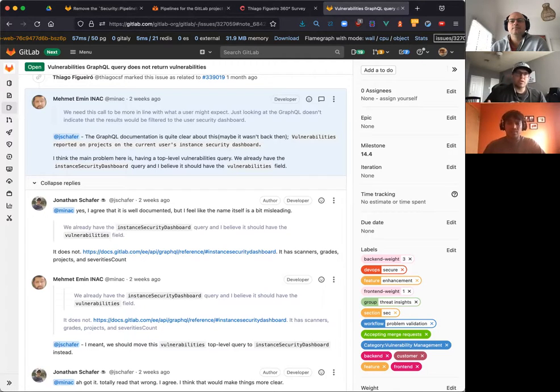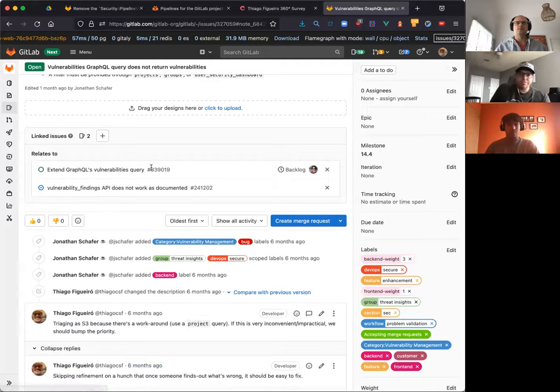And so down lower, we're talking about adding the capability in the instance security dashboard call to pull the vulnerabilities for the instance security dashboard. We already have group, we already have project. So we were talking about moving the vulnerabilities to the dashboard call and deprecating the actual vulnerabilities call.